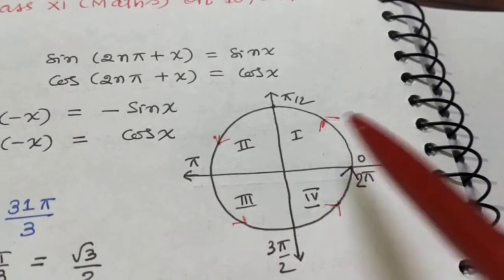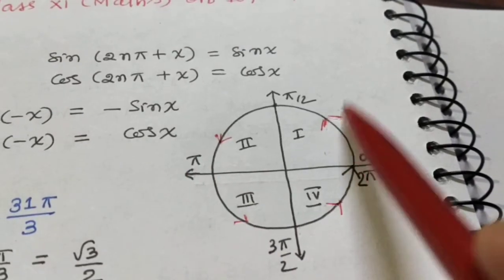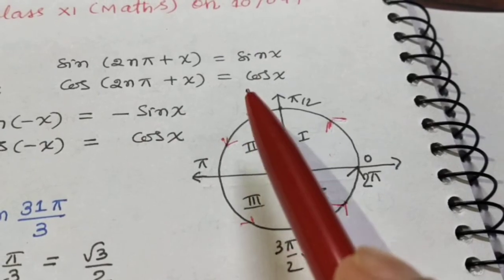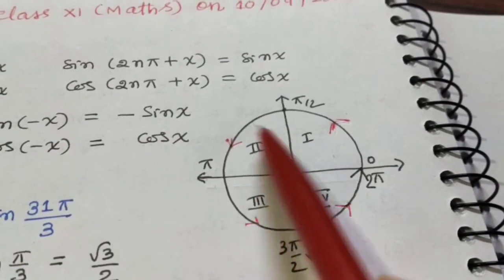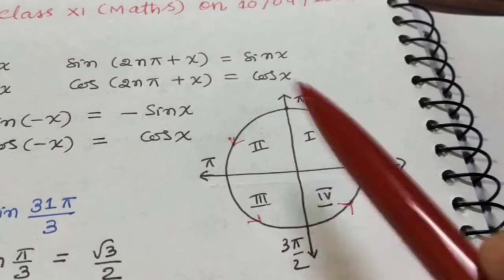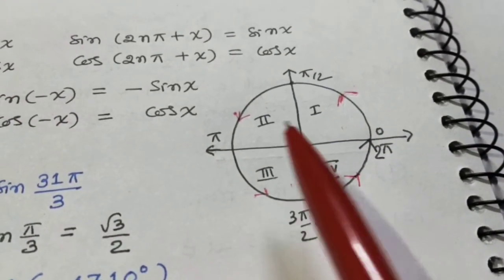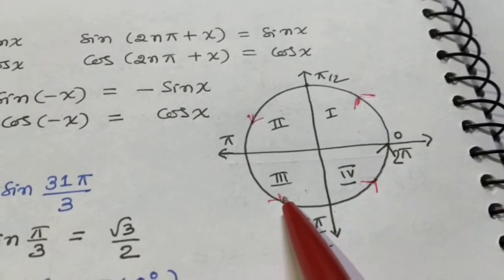Now in the first quadrant, you know by now that sine is positive, cos is also positive. In the second quadrant, sine is positive but cos is negative, and accordingly other functions will have their own corresponding signs. In the third quadrant, sine is negative, cos is also negative.